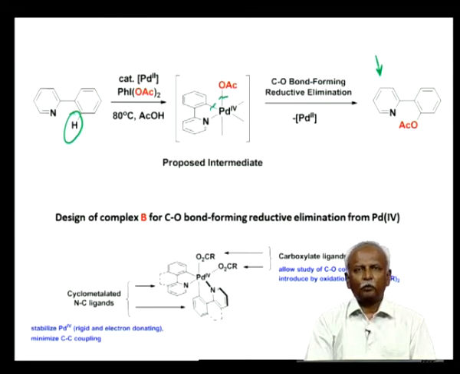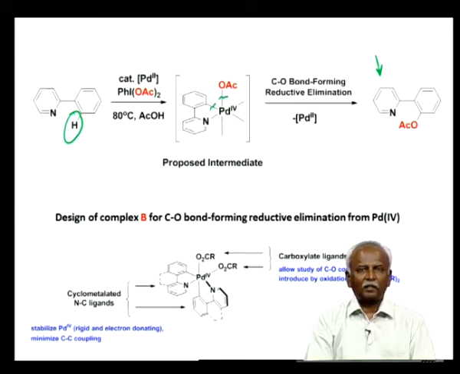The palladium(IV) intermediate that could be formed in this particular instance is listed here, and it has a very stable palladium(IV) coordination geometry, octahedral geometry, which is very stable for palladium(IV).